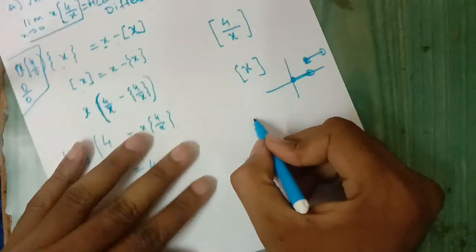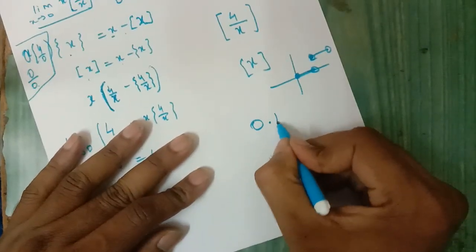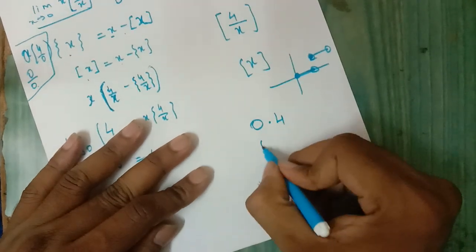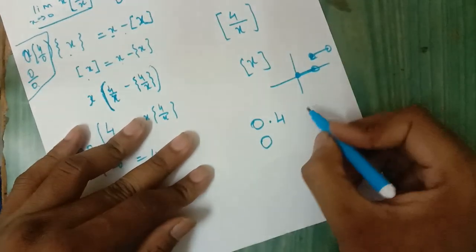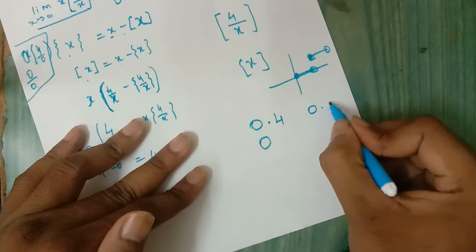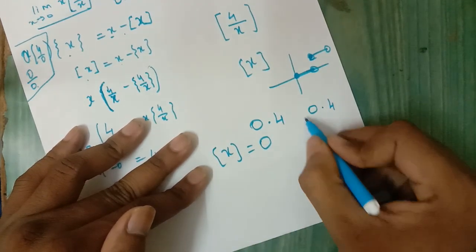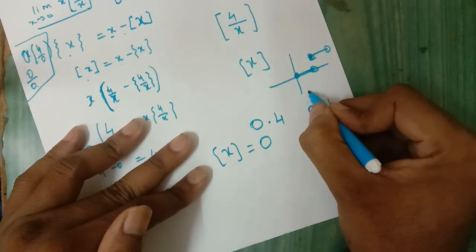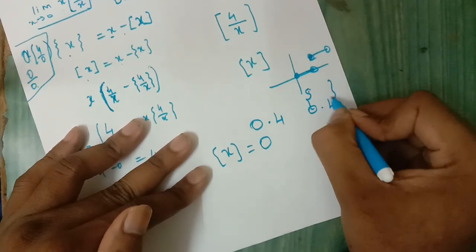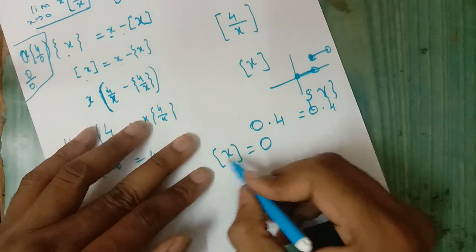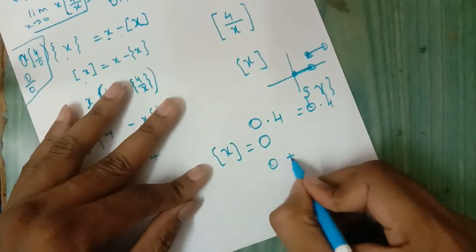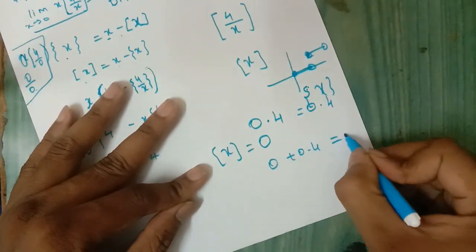For example, if we take 0.4 as a number, the greatest integer function will be 0, and the fractional part function will be 0.4. So if we add them, 0 plus 0.4 is equal to 0.4.